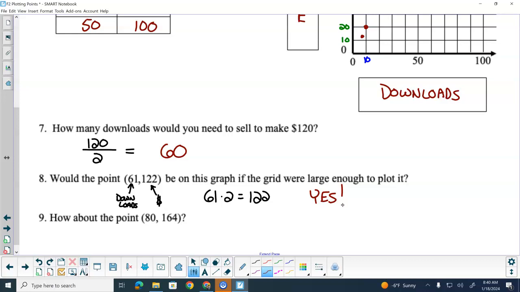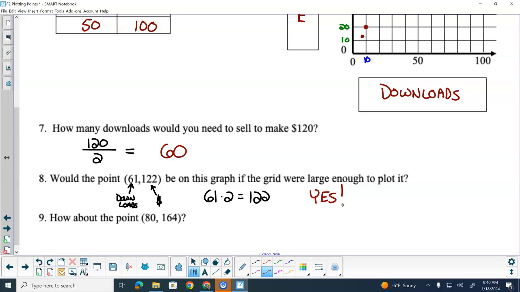Then number 9. Shaking your head no for number 9, it's not on the graph. Why is it not on the graph? Because the last one was yes, so the next one's got to be no. Okay, give me another chance. So how did we find that second column?